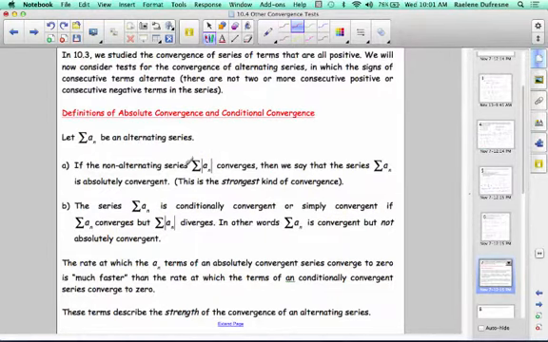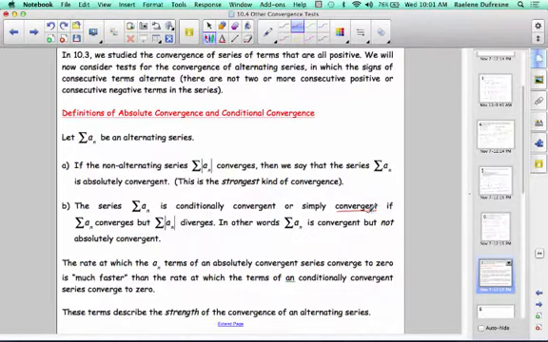However, if the non-alternating series is too big, meaning that it has an infinite sum, but the alternating series is small enough to have a finite sum, we say that the alternating series converges but the non-alternating series diverges, and so the alternating series is conditionally convergent, or just convergent.